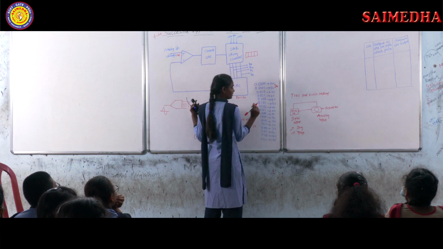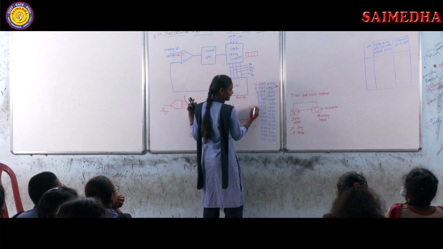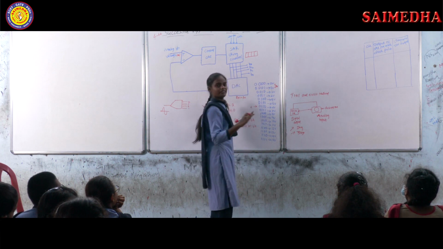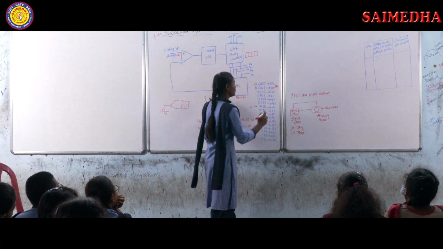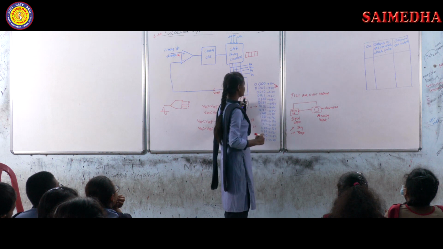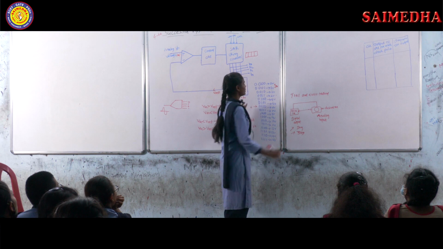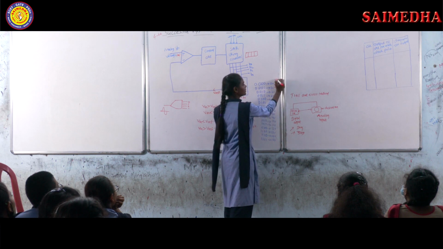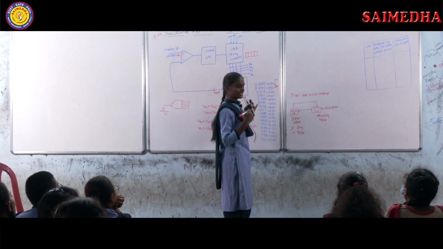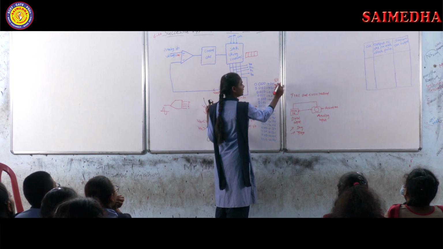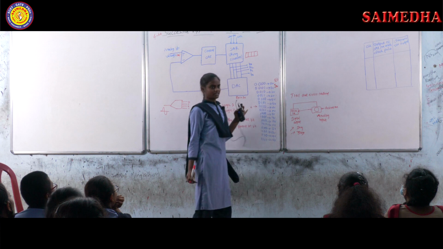One note: the binary number 6 does not mean 6 volts. We consider the analog output with respect to the resolution. If the resolution is 2 volts, then for every change in the LSB, the analog output changes by 2 volts.